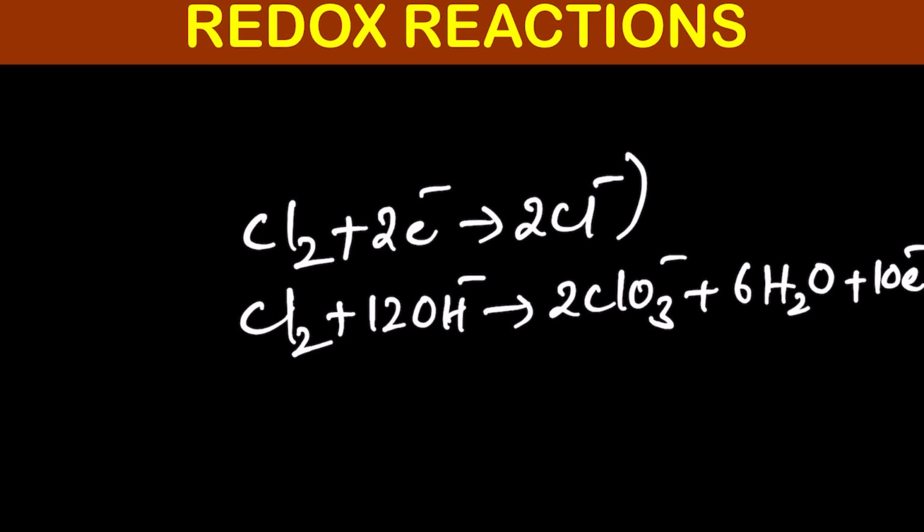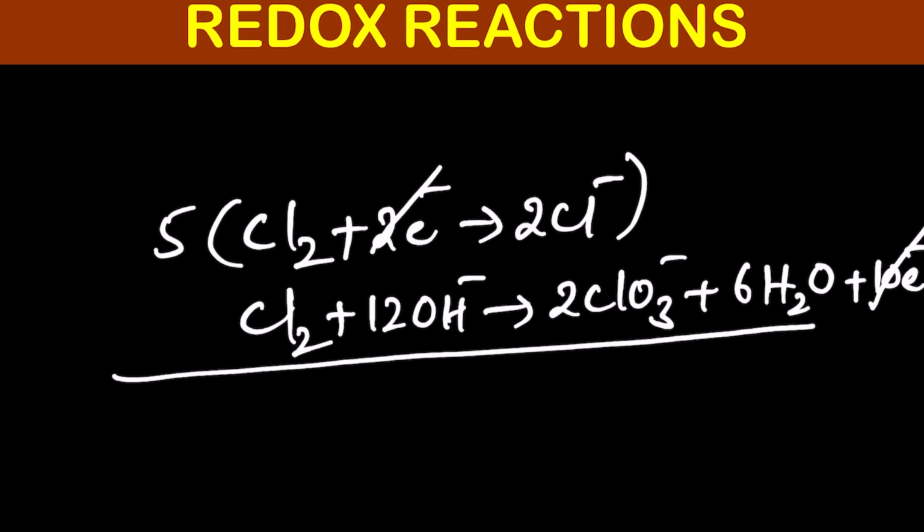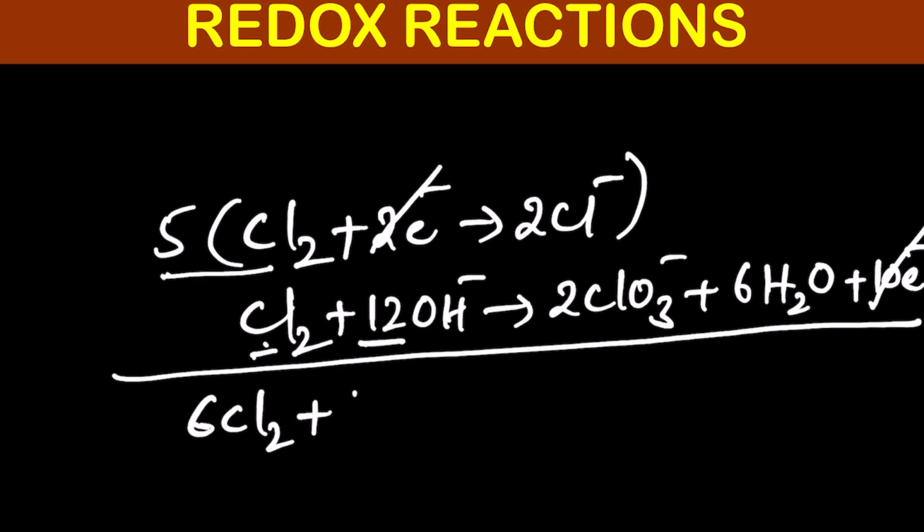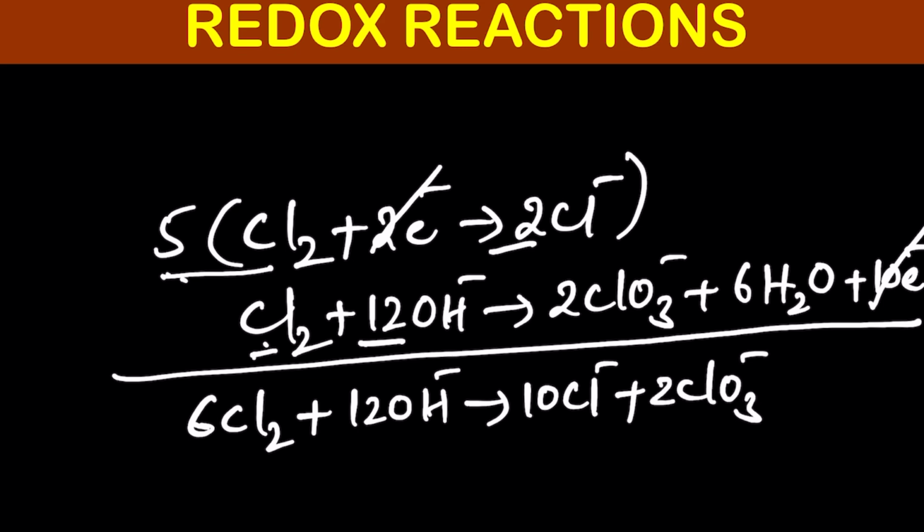Now I multiply this equation by 5. 5 into 2, 10 on the reactant side, 10 on the product side. Now let us add the 2 equations. 5 chlorine plus 1, 6 chlorine. So 6 Cl2 plus 12 OH minus gives 5 into 2, 10 Cl minus plus 2 ClO3 minus plus 6 H2O.